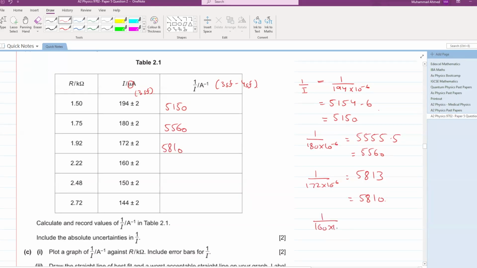Let's do it with 160 as well. 160 into 10 raised to the power of minus 6. This comes out to be 6250. This is already in three significant figures. 6250. Perfect.